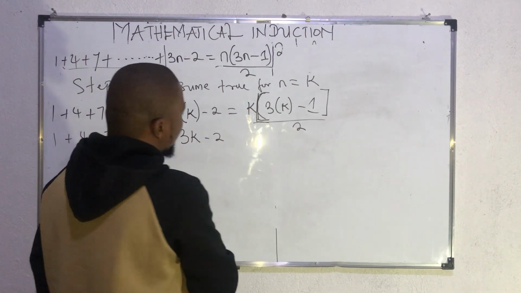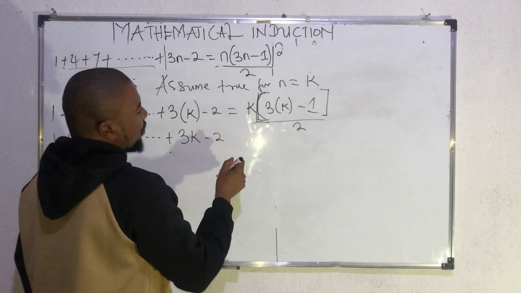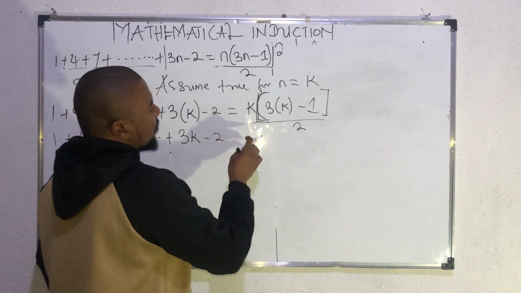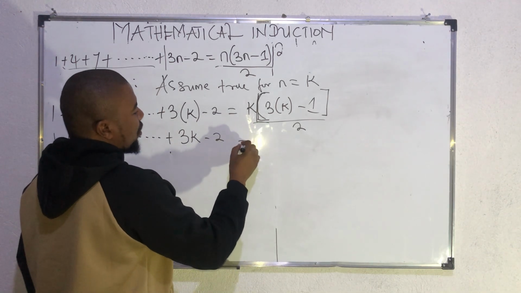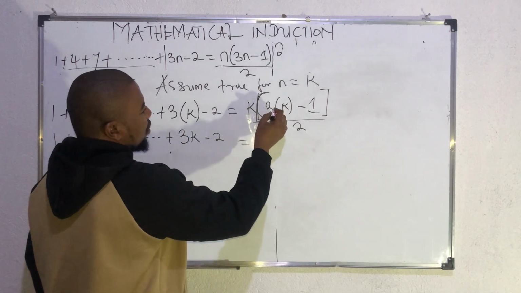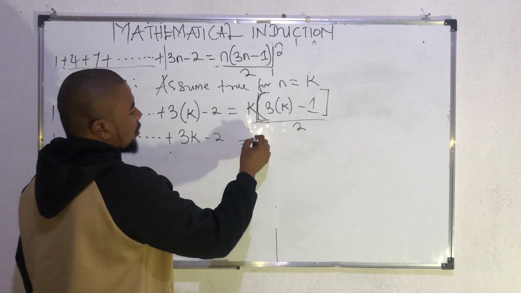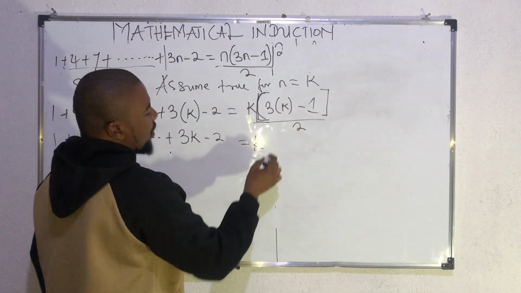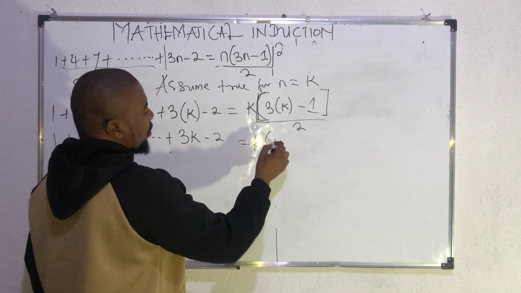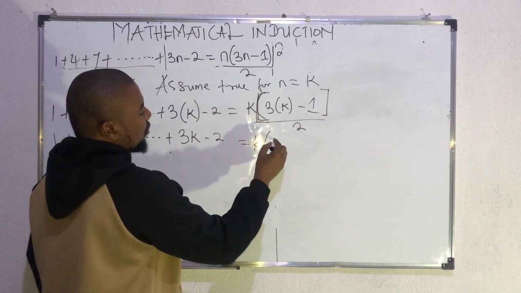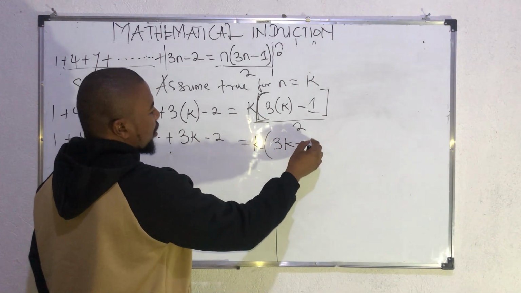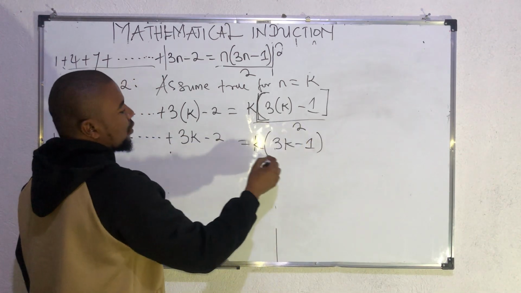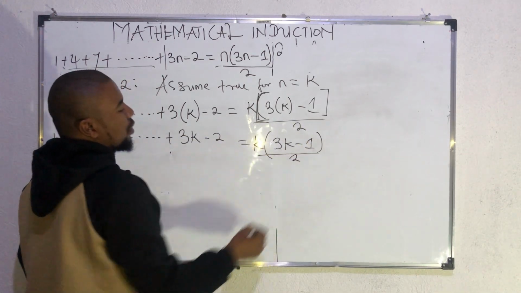And now for the right part, this is equal to, let's work on the brackets first. 3 multiplied by k will give us 3k minus 1 all over 2.